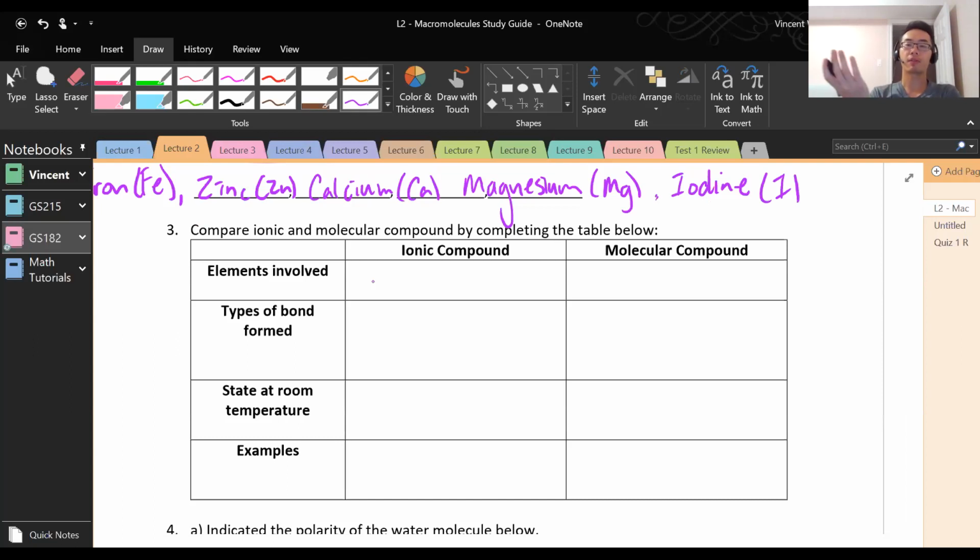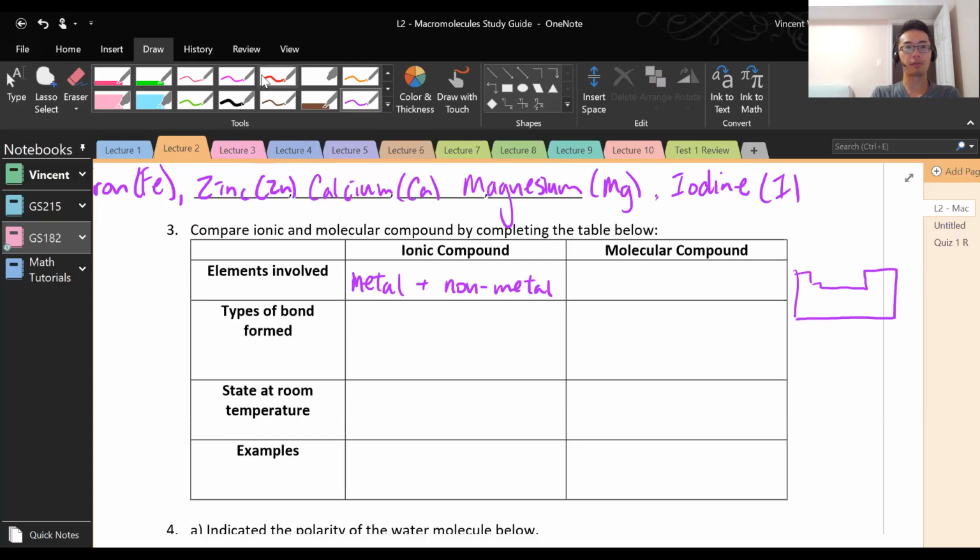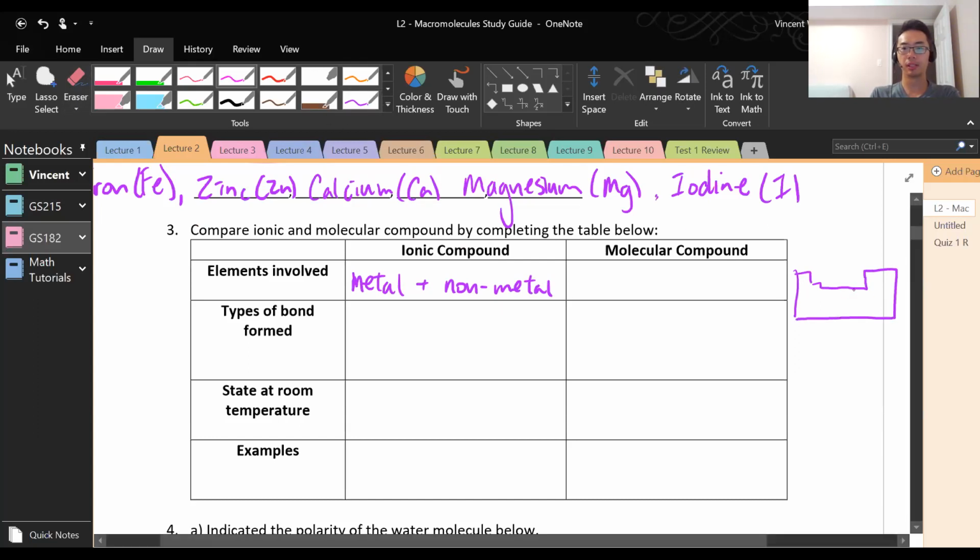Now there are two types of compounds that you can form. If you have a metal plus a non-metal, then you will get an ionic compound. So if you look at the periodic table, and I don't have one for display right now, but on the periodic table, there's a little staircase here.